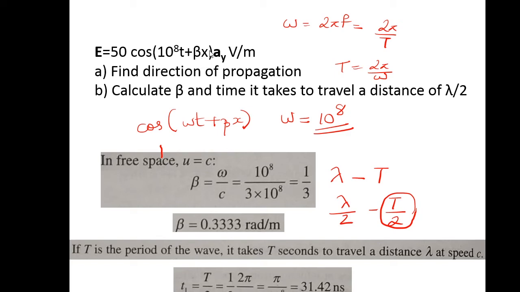If it is beta x, it is propagating in x direction. Then check the sign. If it is negative, it is traveling in positive direction, and if it is positive, it is traveling in negative direction. So according to this, we can say that the wave is traveling in negative x direction and electric field is in y direction. Hope it is clear.